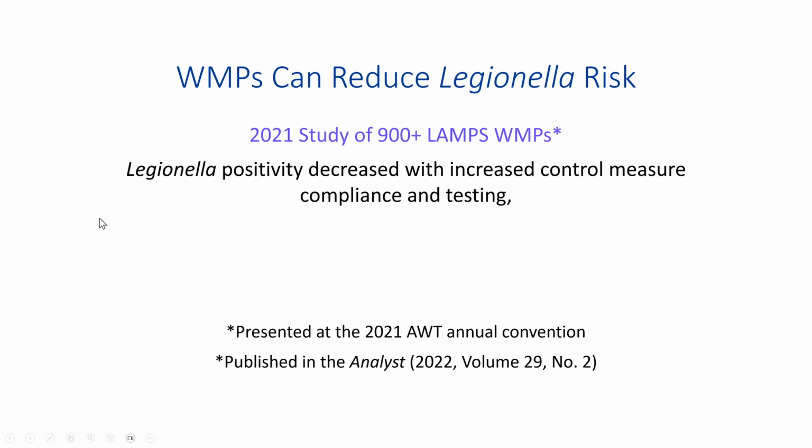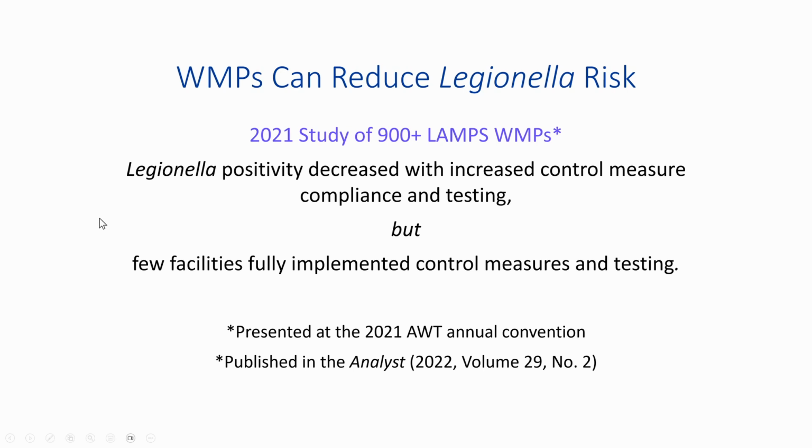The control measures were on schedule and had okay status, and Legionella testing, but it wasn't just that. It was temperature testing, disinfectant testing. The more testing there was and the higher the percentage of control measures with okay status, the lower Legionella positivity was. However, few facilities were fully implementing the control measures and the testing.